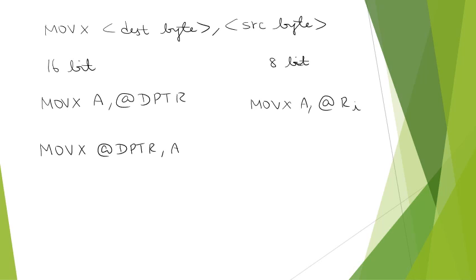This instruction will move the byte from the external memory whose 8-bit address is pointed to by the register R0 or R1 to the accumulator. Similarly, we have MOVX @Ri, A. This instruction will move the data from the accumulator to the external memory location whose address is held by register R0 or R1.